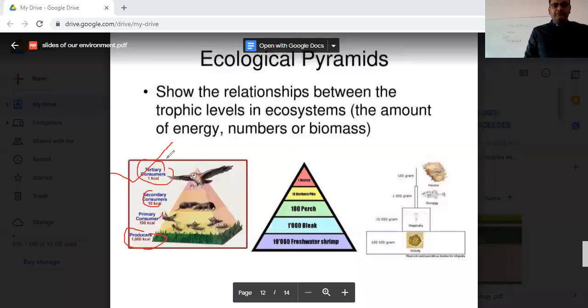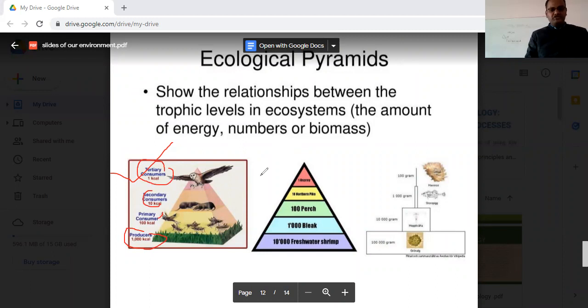So if you look at the pyramid, you will see that it is a graphical representation of the different trophic levels of the food chain, either in terms of their number or energy or even the biomass.